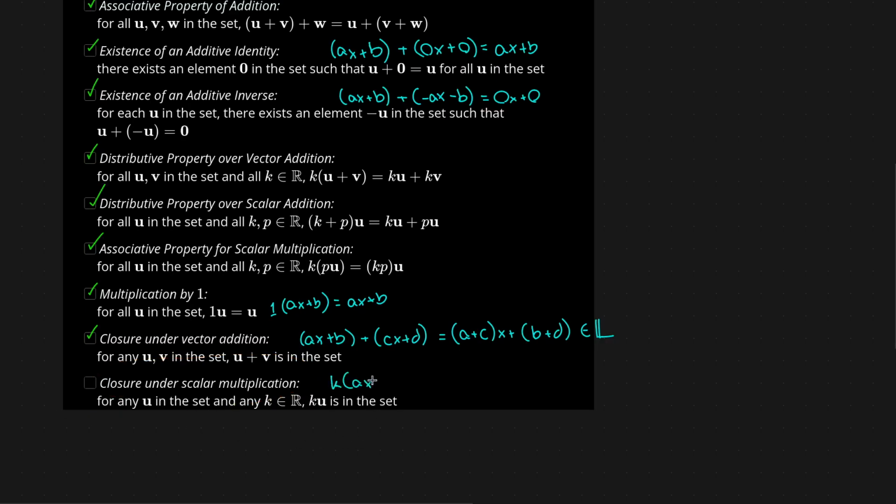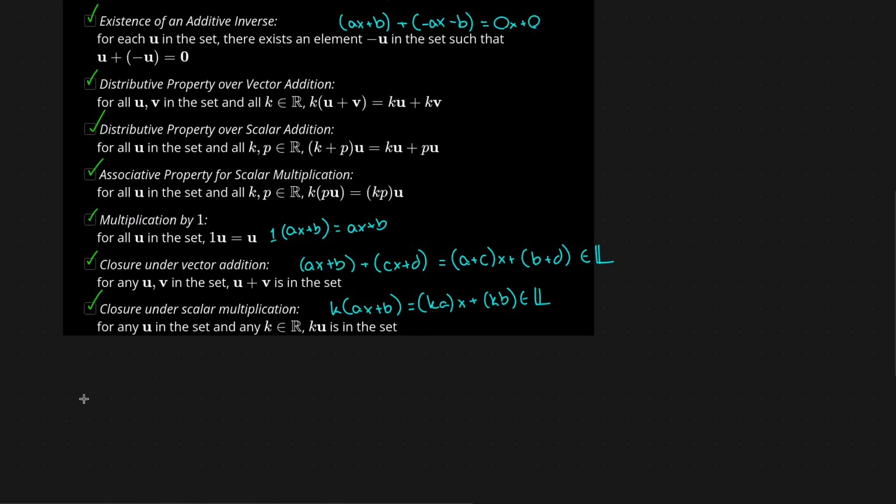If I take any element in the set ax plus b and I multiply it by k, distribute, I get k times a x plus k times b. That is still a linear function. It's still some number times x plus some number. That's what it means to be in this set. And so it checks out. So every one of these properties checks out, which means in this abstract sense, L is a vector space.